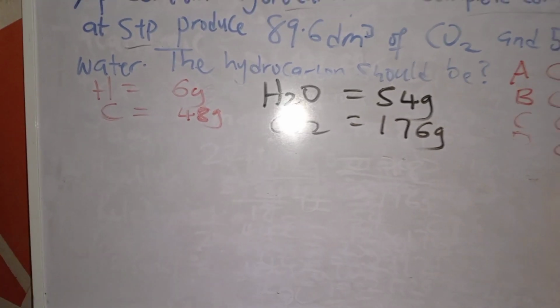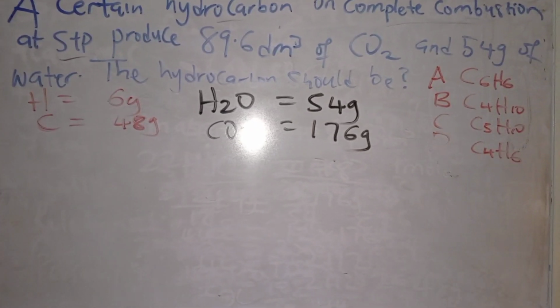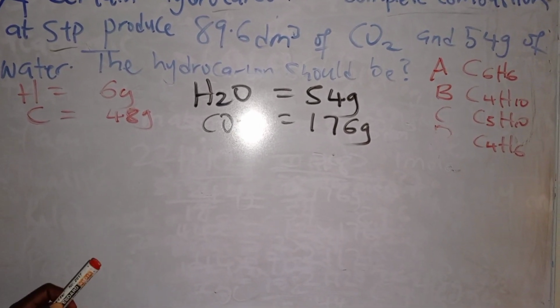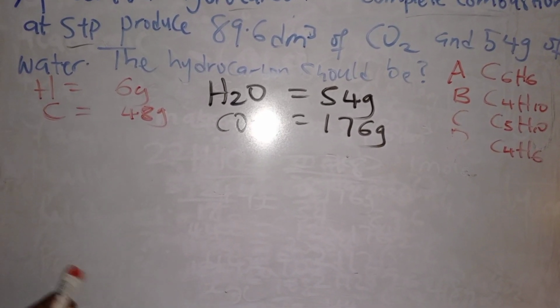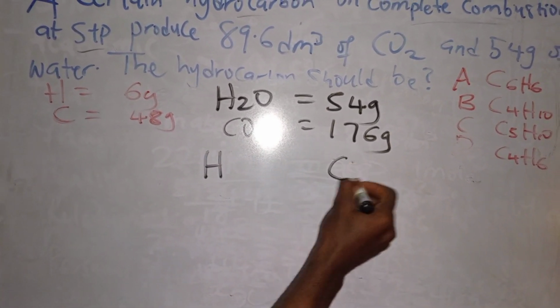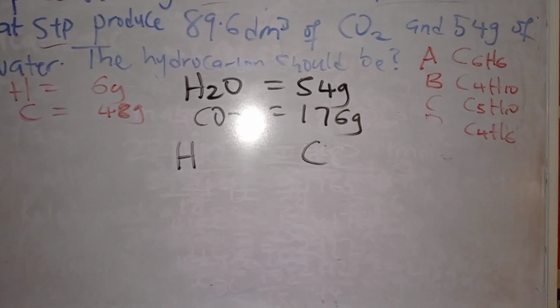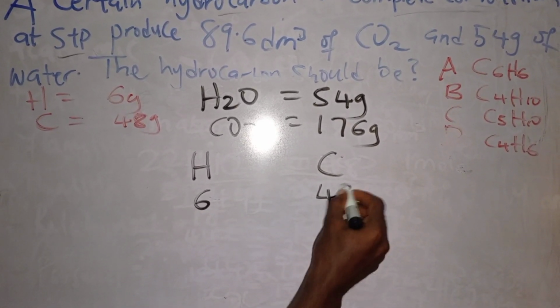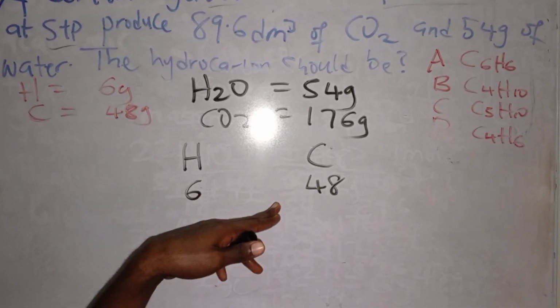Now we conveniently apply our empirical formula, and that's actually what the question is asking us. Now, applying our empirical formula, we place hydrogen here and carbon at the other side, and hydrogen will have 6, carbon will have 48.